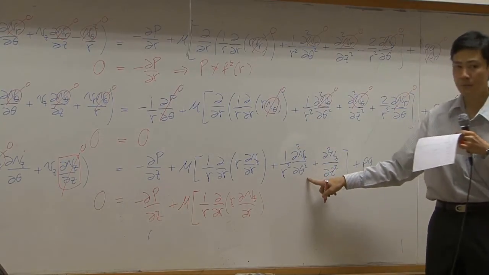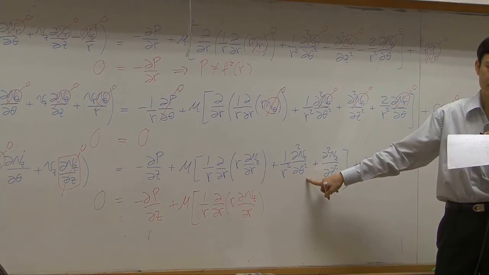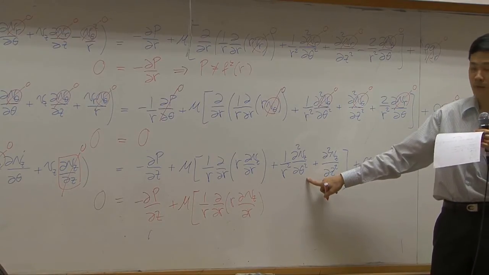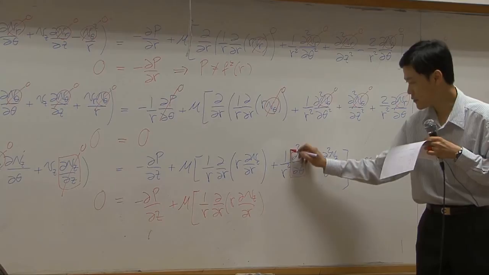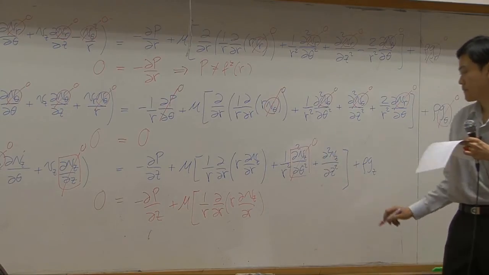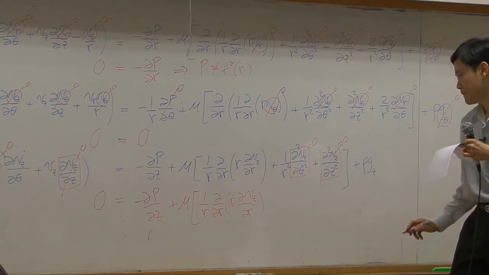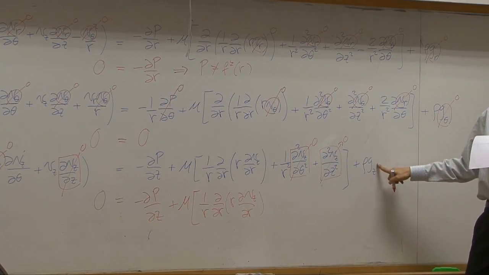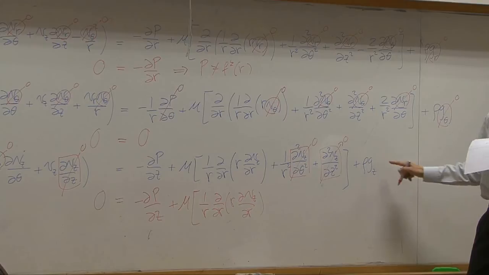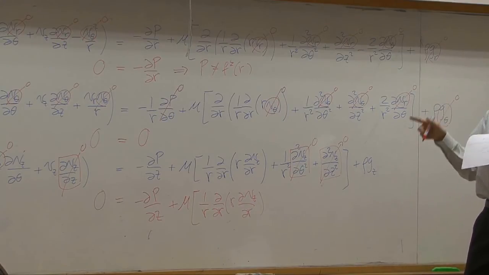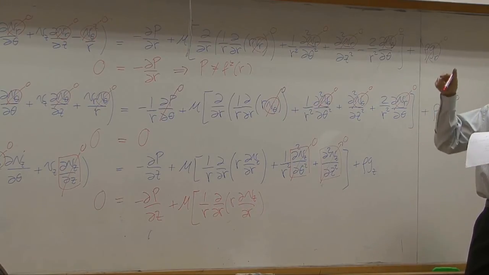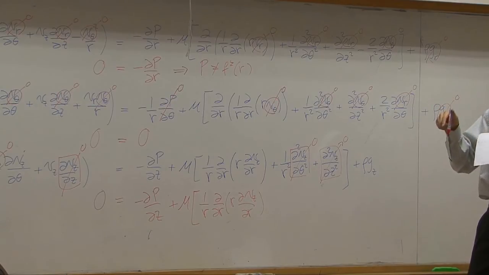How about this term? It is 0. It does not change with respect to theta. It does not change with respect to Z as well. Is GZ 0? No. In this special case here, gravity force is going against the Z direction.